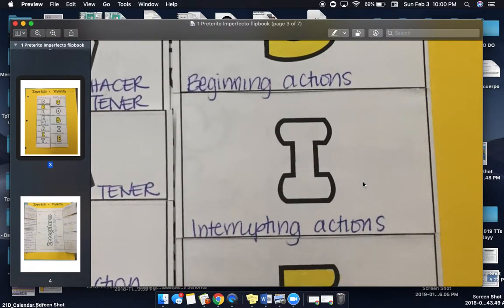And then interrupting actions. Okay, and what is an interrupting action? Basically, when you have a setting, let me kind of tell you a story. Once upon a time, there was a young girl who was beautiful and loved walking in the forest.